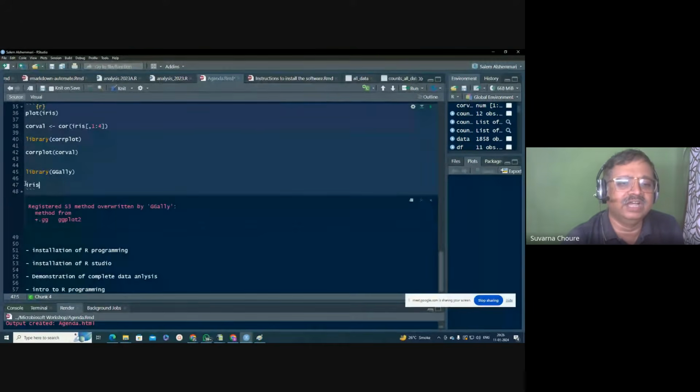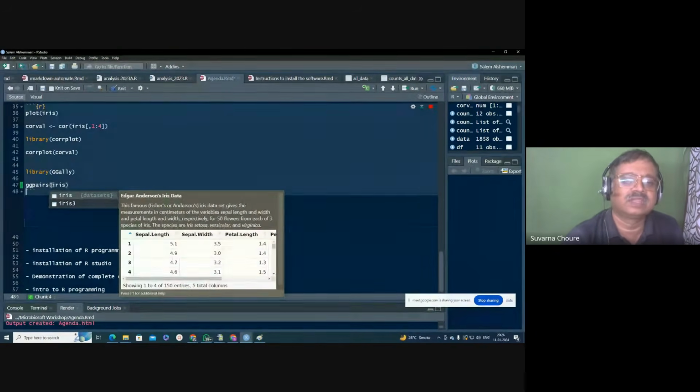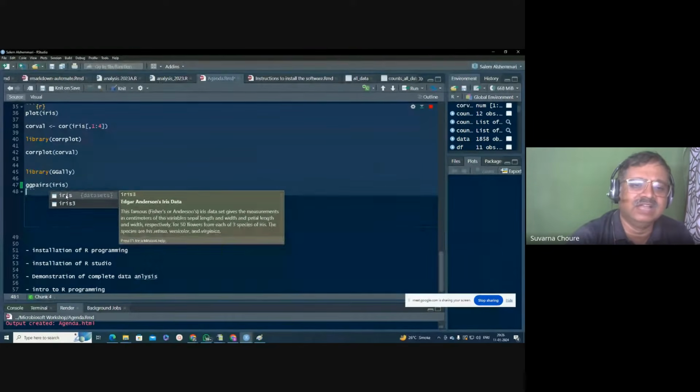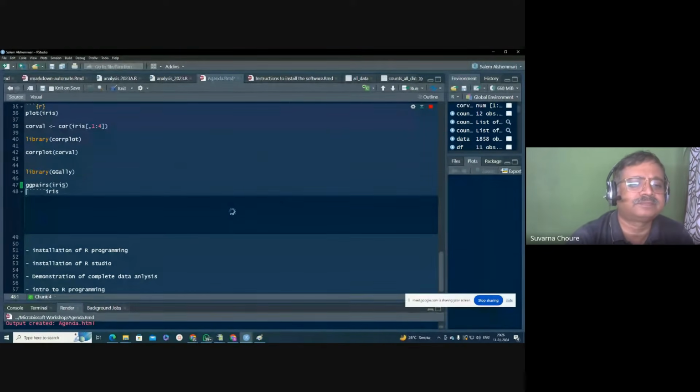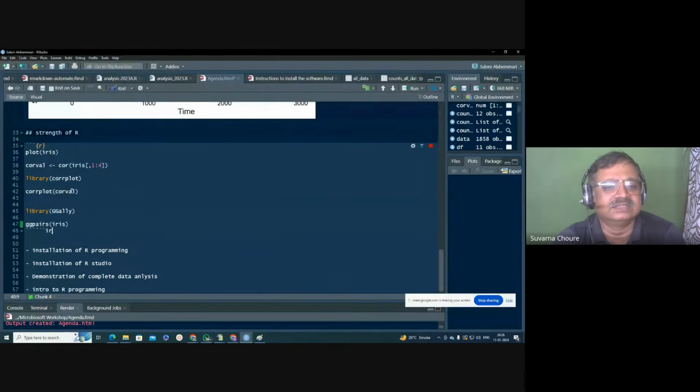I'm doing a very intricate task now. I'm plotting a very colorful plot of iris data. I will explain a little about that data.